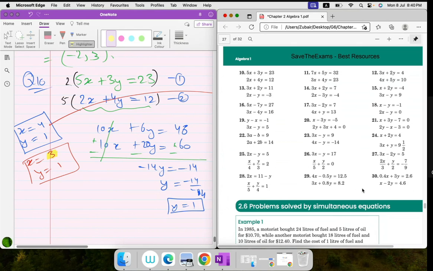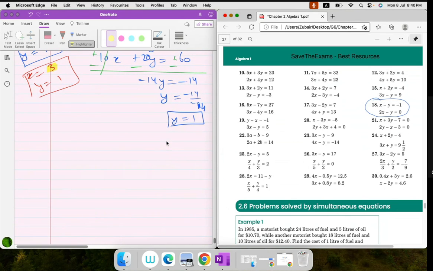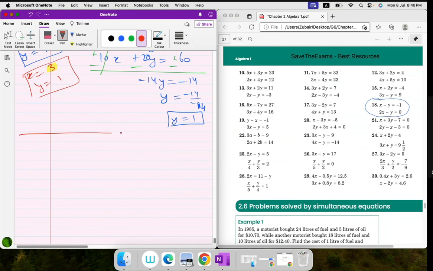We will do it with both, three of us. 18. Haris, do you agree on this choice? Yes, sir. Okay, 18 is good. Let's do 18 with both methods. You start with elimination. I will start with substitution, and then we'll match our answers. Okay, sir.